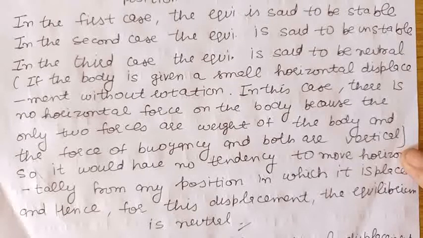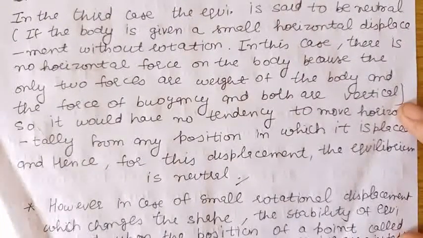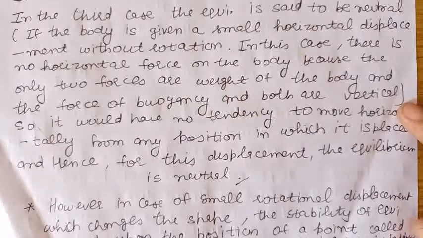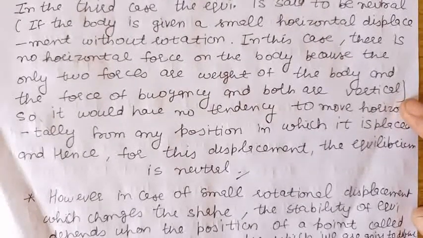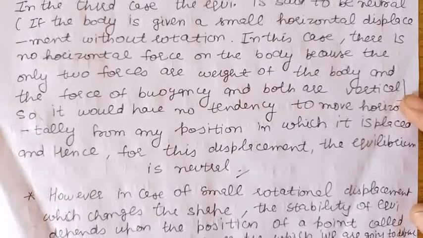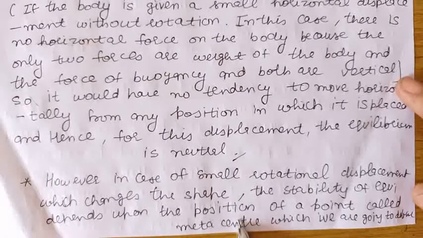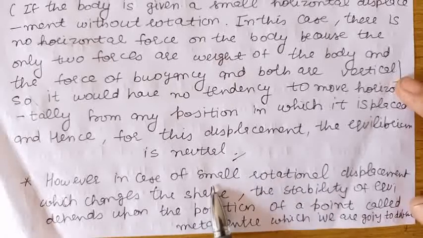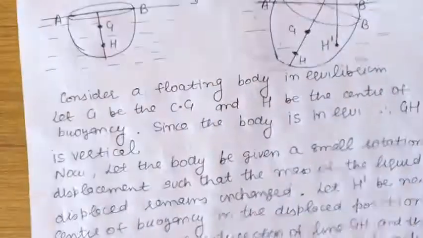Now, if we give a small rotational displacement which changes the shape, in that case the stability of the equilibrium depends upon the position of a point, and that point is called the metacenter. So first of all, to discuss such kinds of displacements, we will have to define the metacenter. So what is the metacenter?